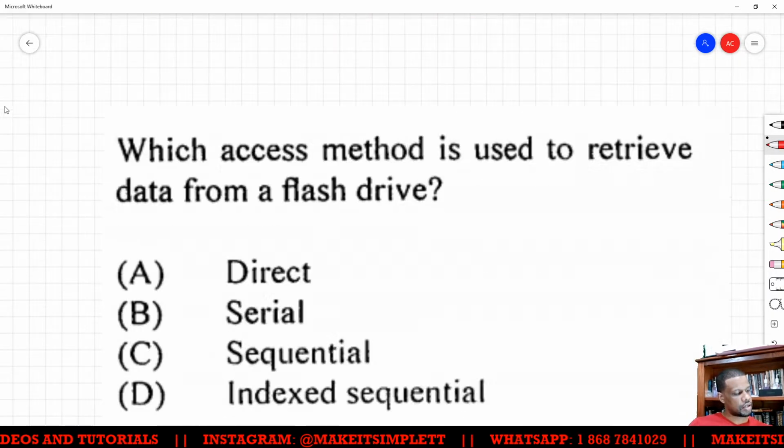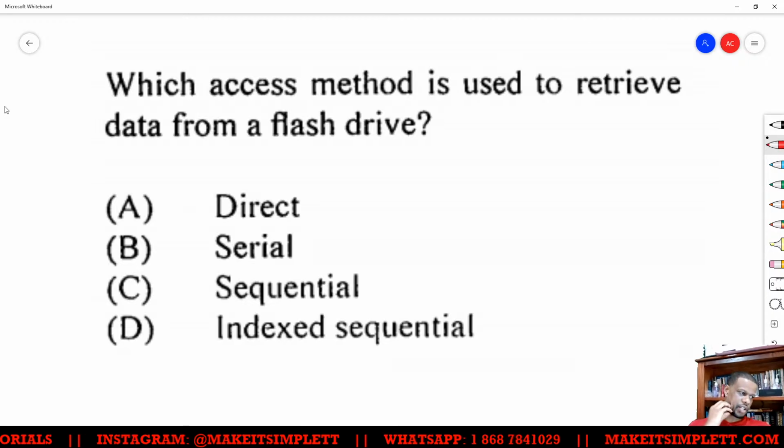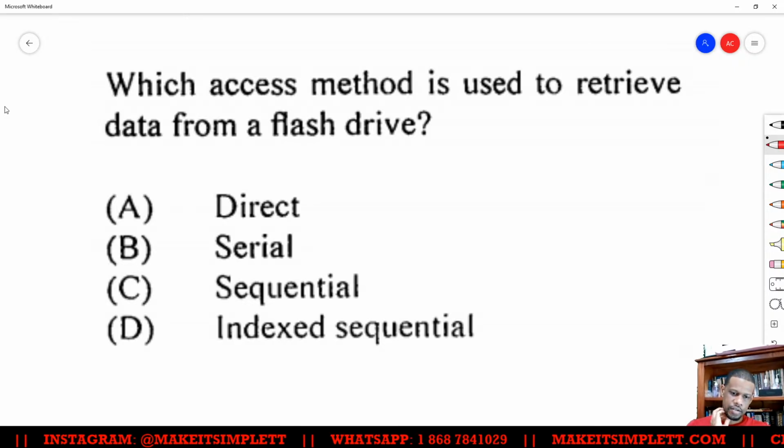Okay, let's see what else. Alright, which access method is used to retrieve data from a flash drive?